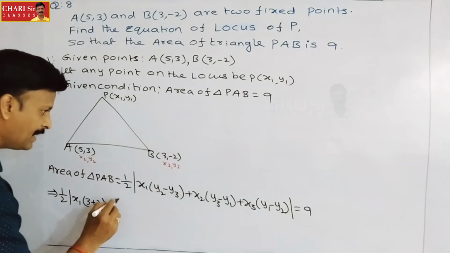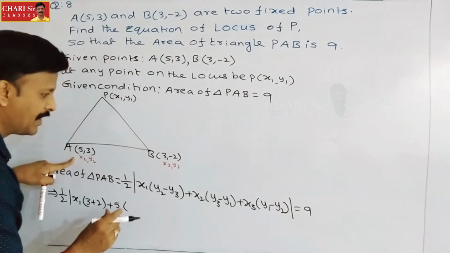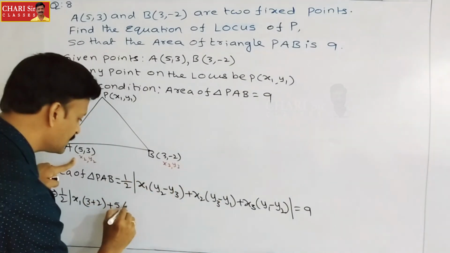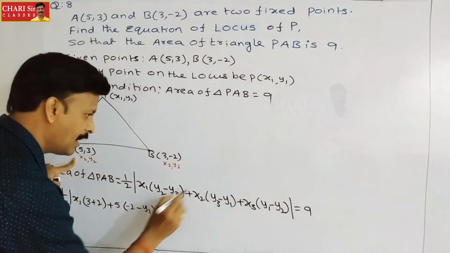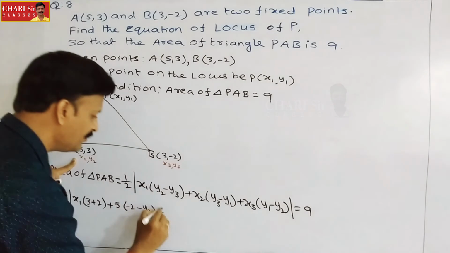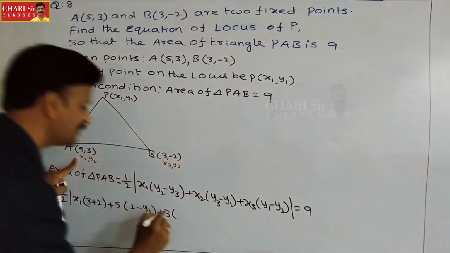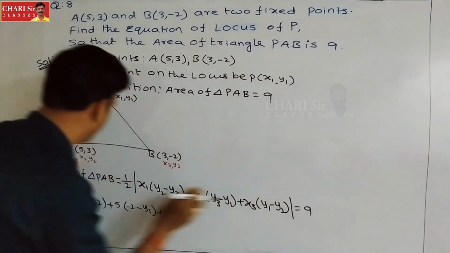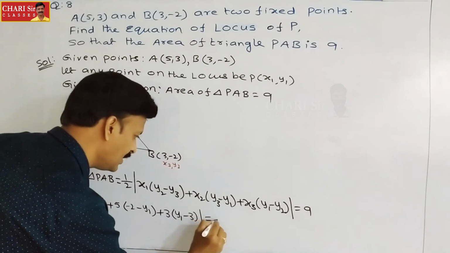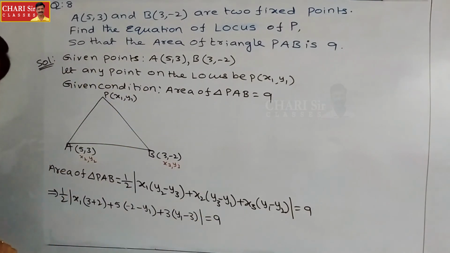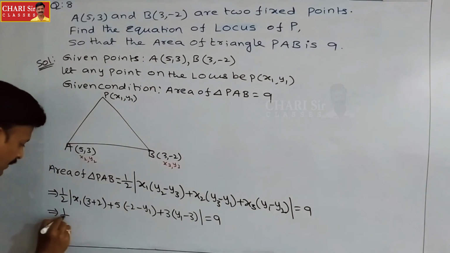Plus x2 into y3 minus y1: x2 is 5, into minus 2 minus y1. Plus x3 into y1 minus y2: x3 is 3, into y1 minus 3. So modulus closed equal to 9. Like this we should substitute the points. Now let's simplify under the modulus.